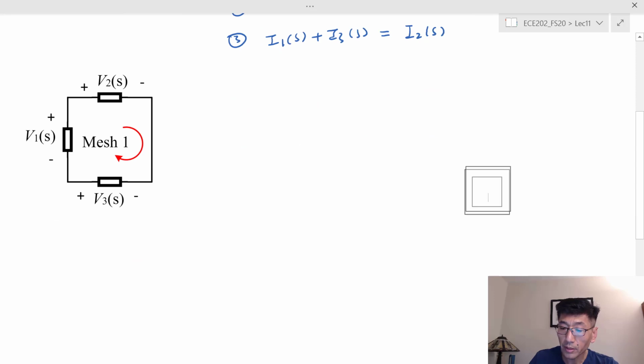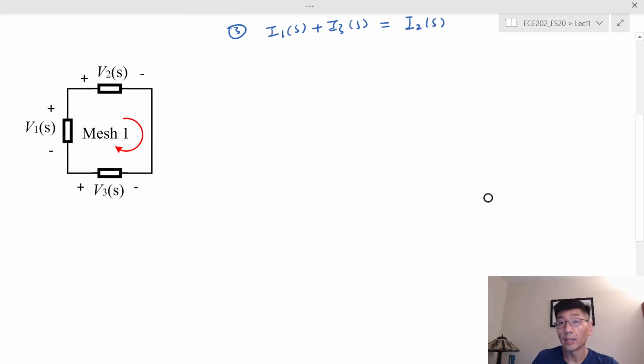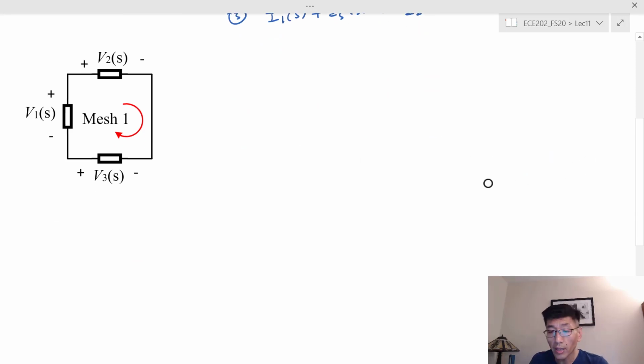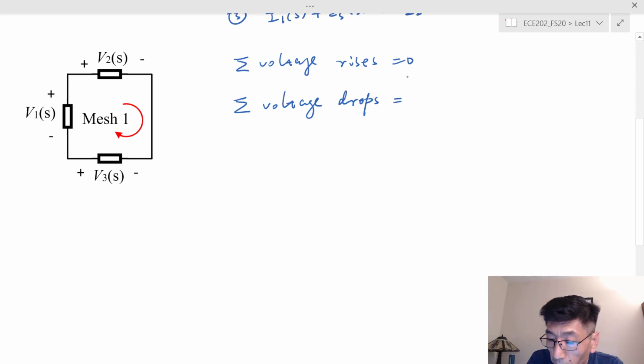And similar for KVL, we can use the sum of the voltage rises equal to 0, or we can use the sum of voltage drops equal to 0, or we can use the sum of voltage rises equal to the sum of voltage drops.